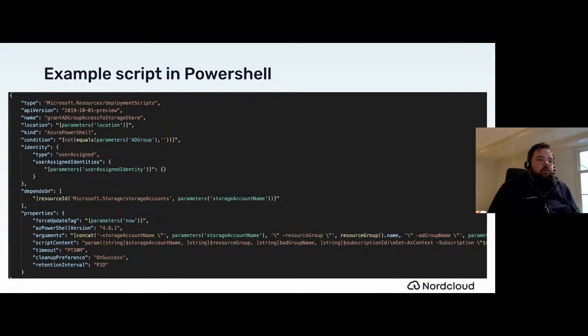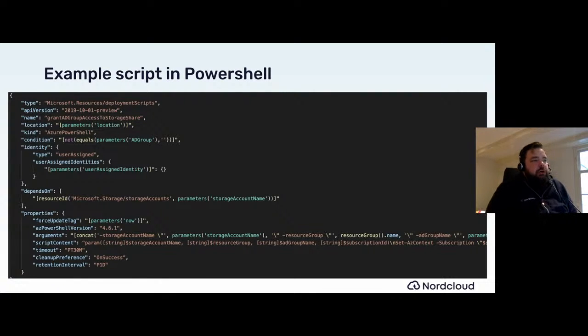What this does is it grants an Azure AD group access to an Azure file storage share, which you can do in a deployment script, which is really handy because in ARM templates, I think you still don't really have an option to do that, because it's also a fairly new feature, but they have a PowerShell commandlet for it. You can do it in the same template with the deployment script as you deploy the actual storage account, which is really nice.